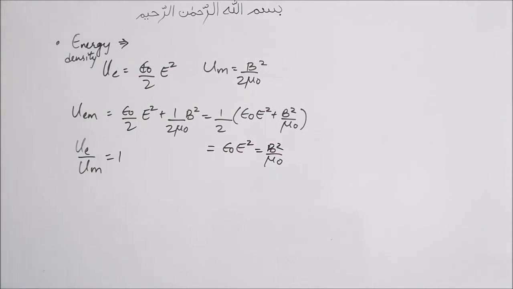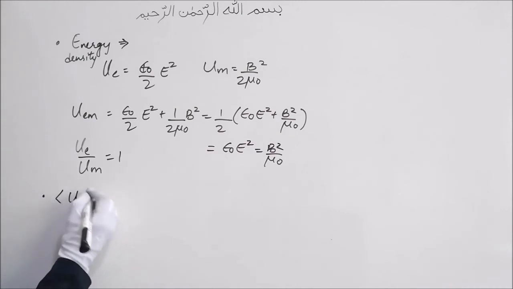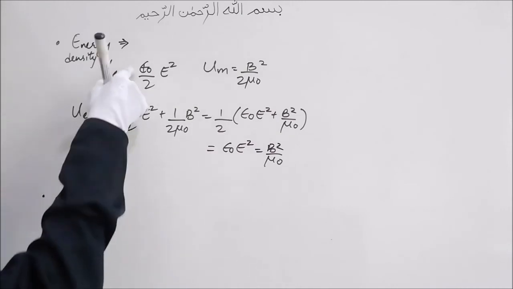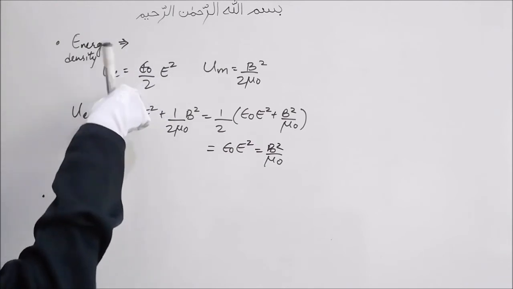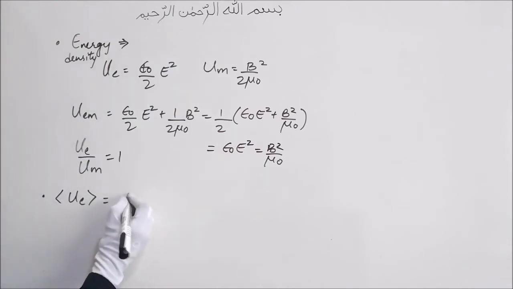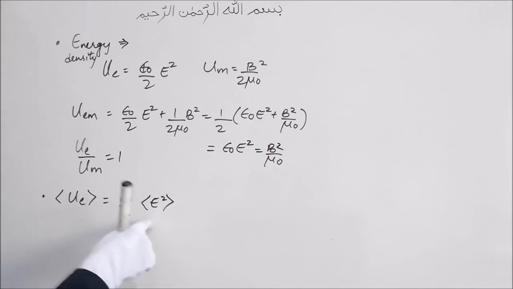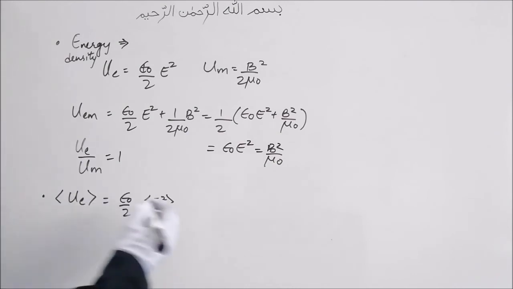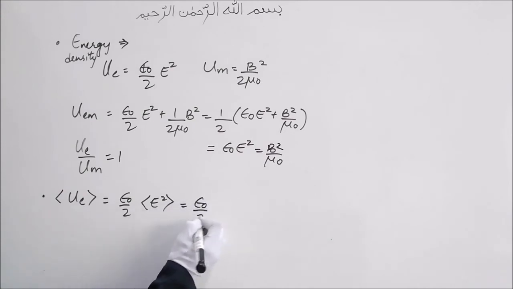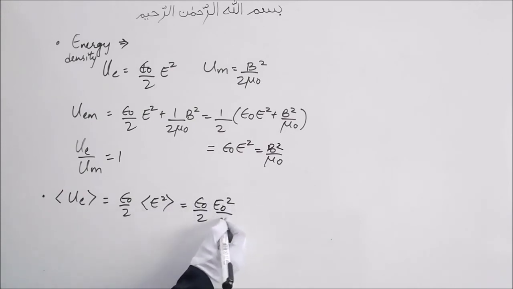Now the average electromagnetic energy density. Just for the electric field, if we consider, that will be epsilon naught by 2 times the average of the electric field squared. But electric and magnetic fields are sinusoidal, and we already know that the average of sine squared is equal to the average of cos squared, which is equal to half. So this will be epsilon naught by 2 times amplitude squared divided by 2.